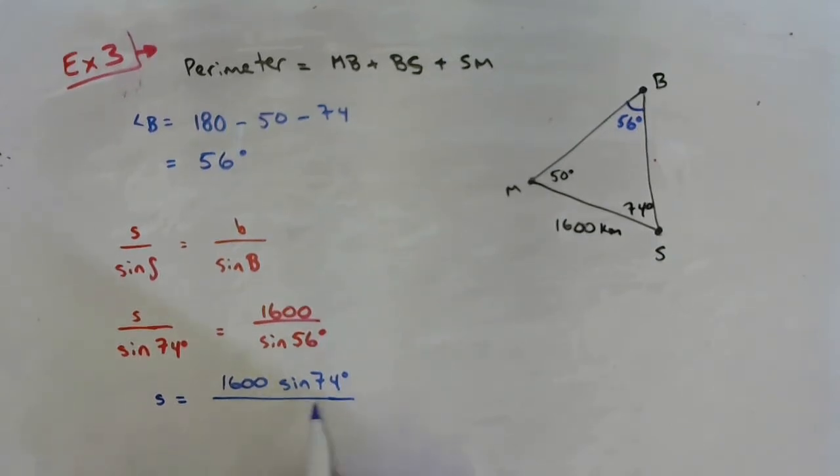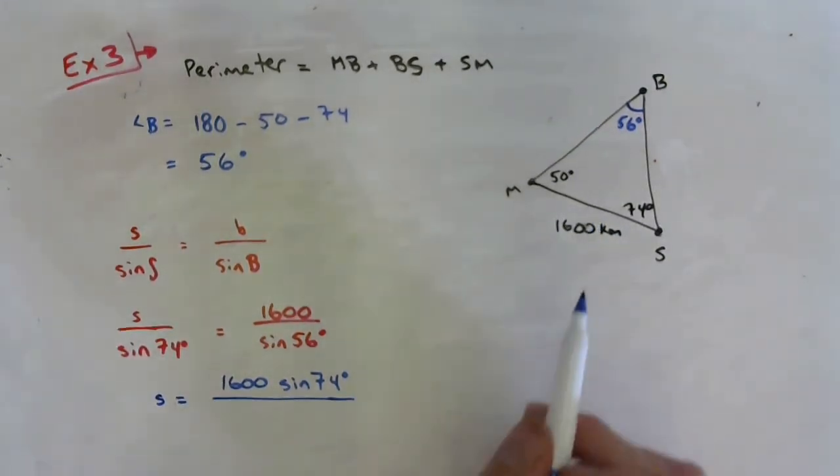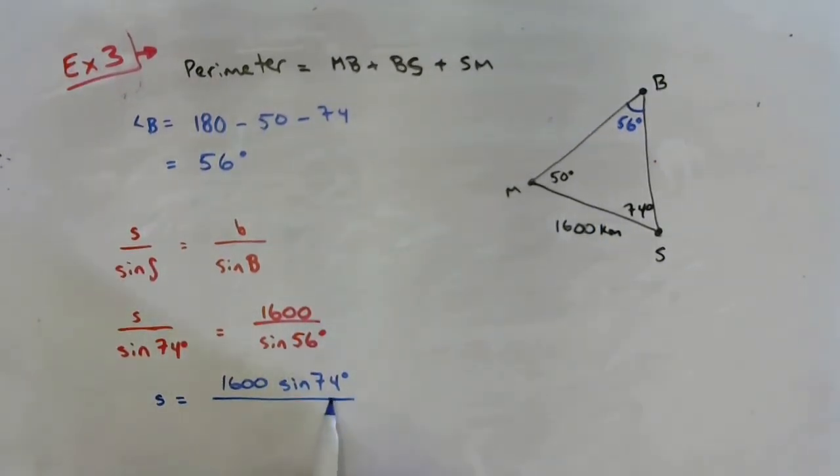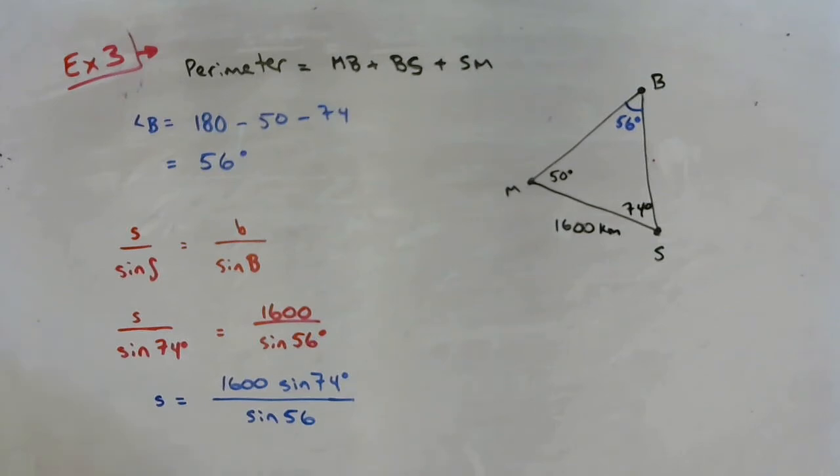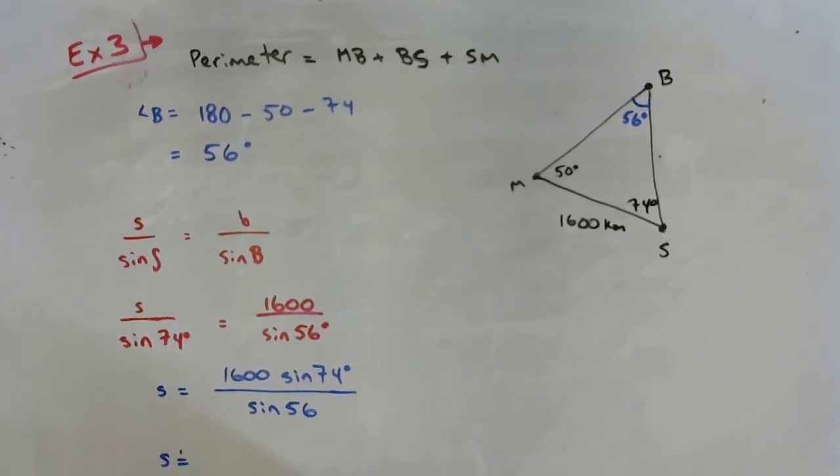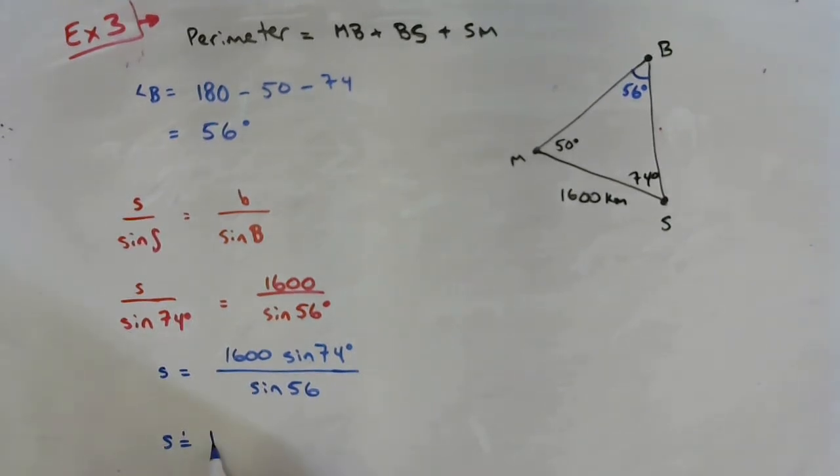It is a ratio comparing sides in a right angle triangle. You say we don't have a right angle triangle, that's okay, but that's what it is. It's a sine ratio. And then in the denominator, we still have sine of 56. Which tells us that the side length S, carefully in our calculator, is approximately 1855. That's going to be measured in kilometers.